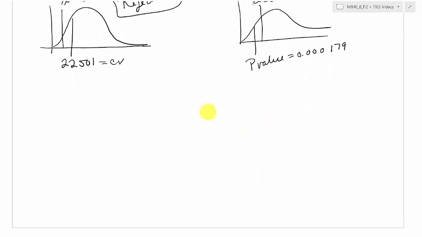Here, the claim is in the alternative. We are rejecting our null hypothesis, so quote unquote we're accepting our alternative.